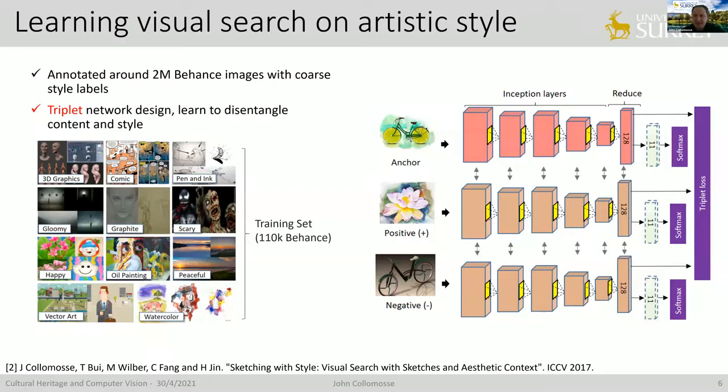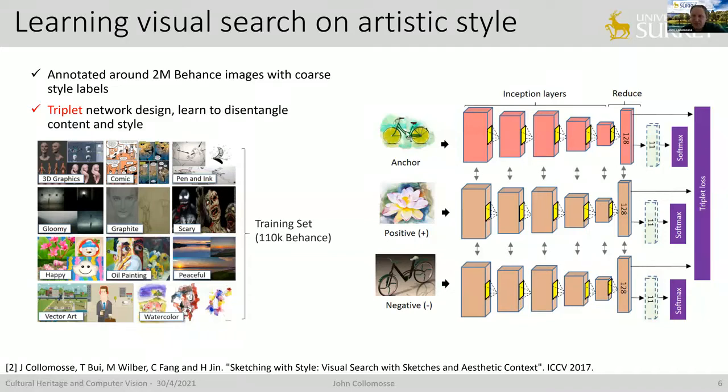Well, we put those images out for annotation. We had people annotate images according to the visual style of the artwork. So for example, comic book, graphite, pen and ink. We even looked at some kind of emotional aspects of the artwork. And we trained up one of these neural networks by showing it contrasting examples.